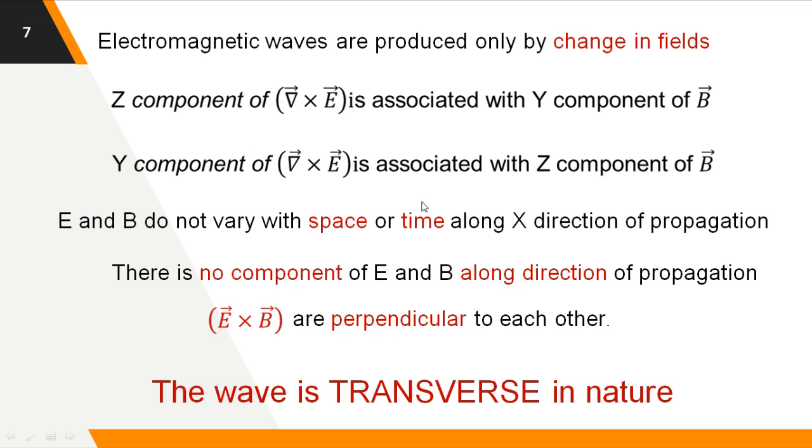In that direction, with reference to space or time, the electric or magnetic fields are not varying. Now put a question: then how is the electromagnetic wave propagating, or where is the variation observed? It is observed in a direction perpendicular to the direction of propagation. If the wave is traveling along x, perpendicular means y and z direction. So those components are not going to be zero.